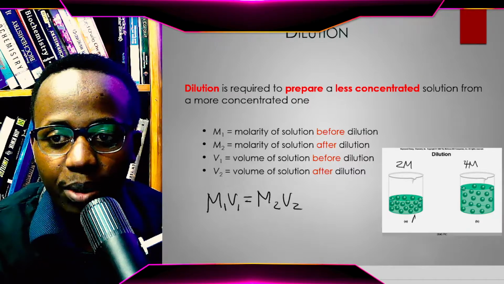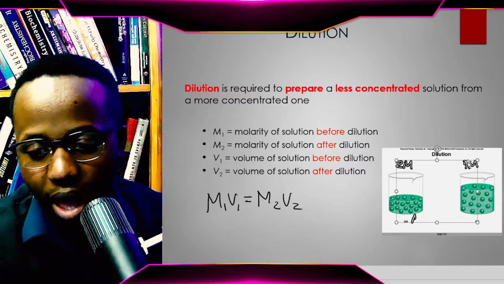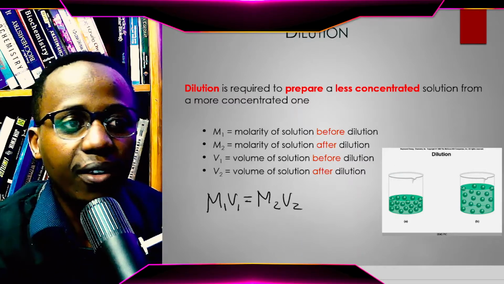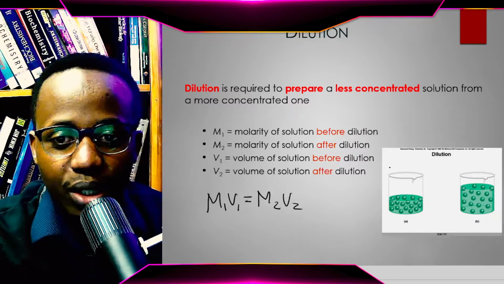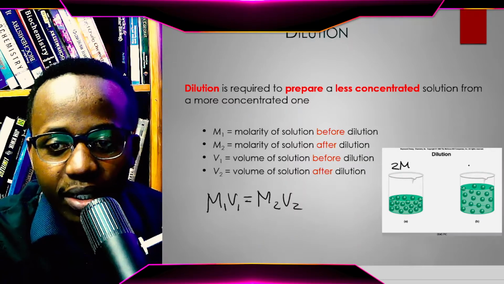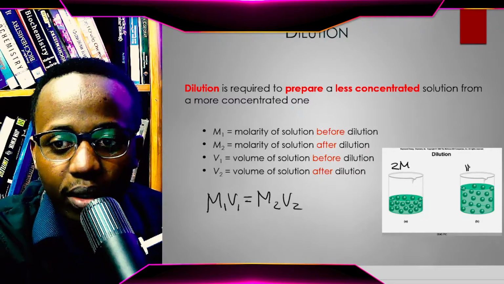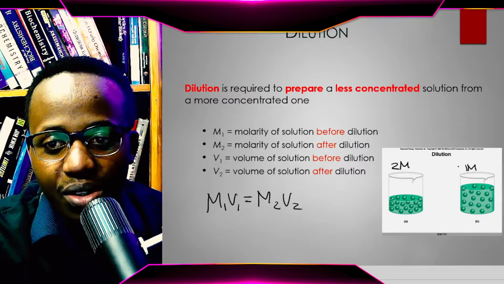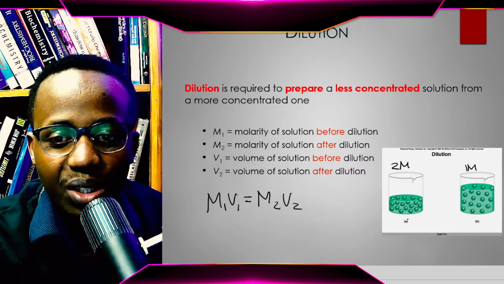let me go back a little bit. The one with the bigger volume will have a lower concentration. So if you got 2 molar concentration here, let's say this one goes down to 1 molar, because as you go up in volume, you go down in concentration.